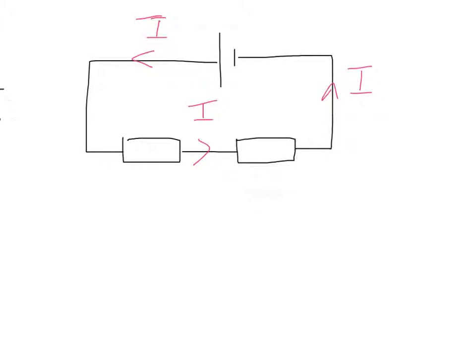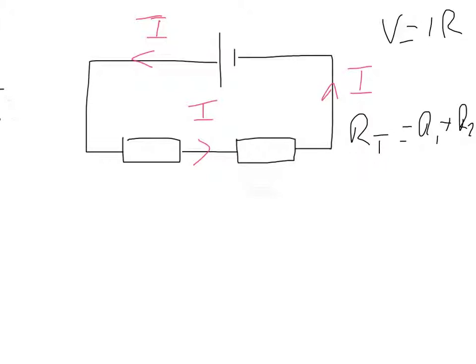For our circuit, the same equations apply as we had before, so we've still got V is equal to IR, and for this circuit the total resistance is going to be equal to R1 plus R2. They just add together because as you add resistors in series, they're adding more resistance to the circuit, making it more difficult for the current to flow round, so the resistance gets larger.